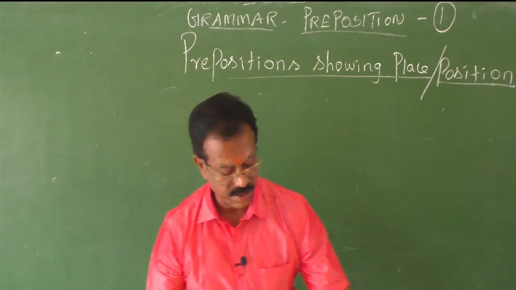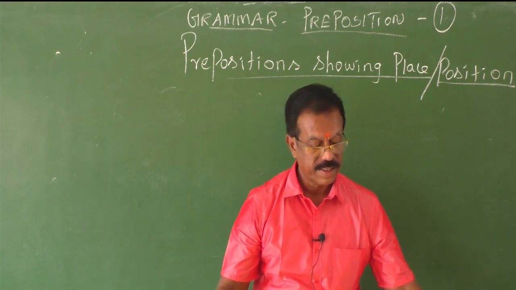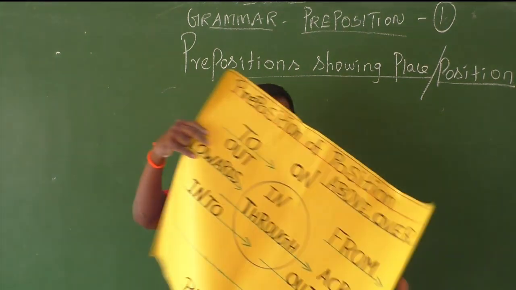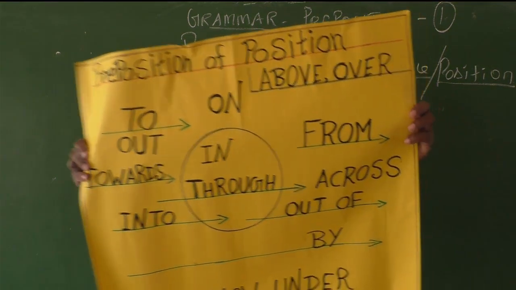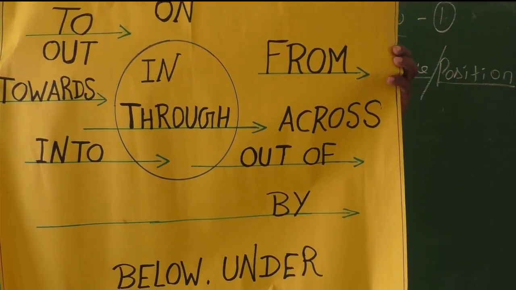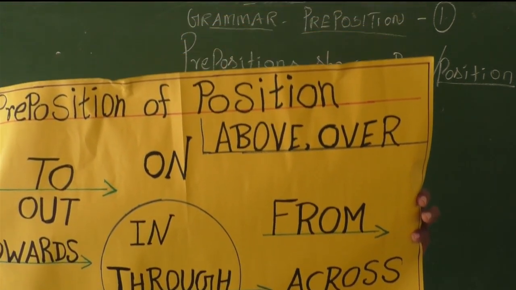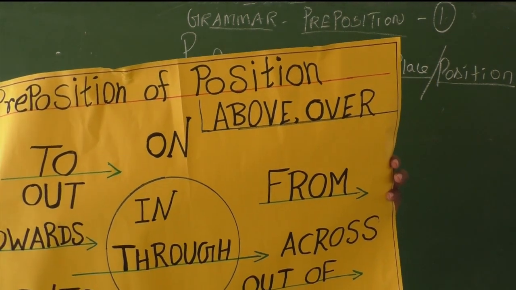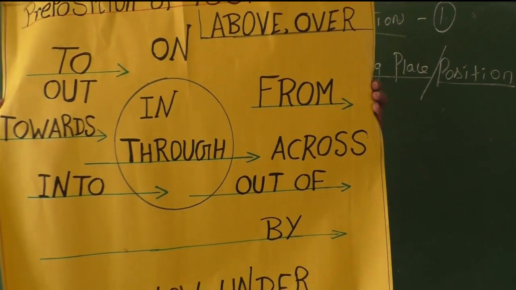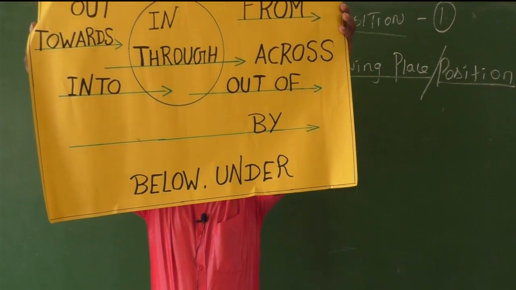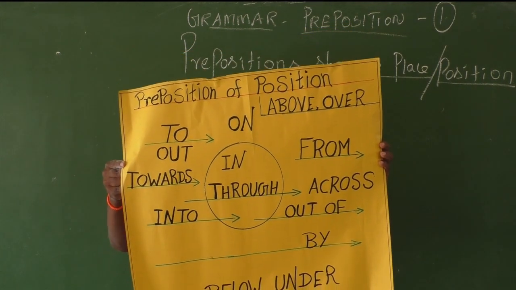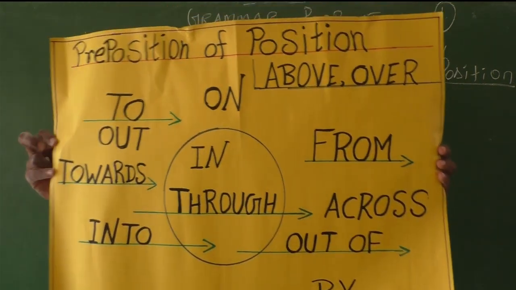Now go through this chart, children. Prepositions of position. Look at the chart. See the circle, and all the prepositions showing position and place have been listed.